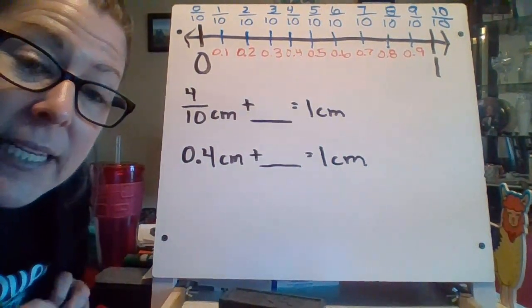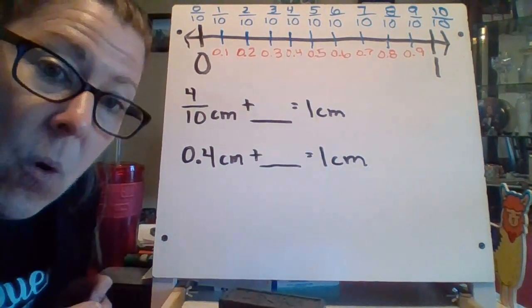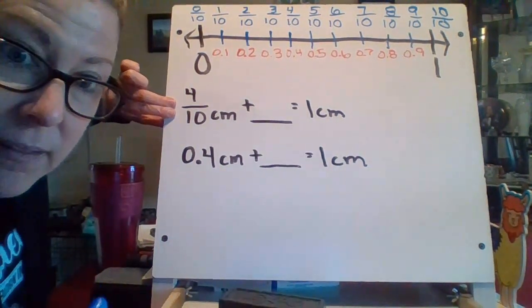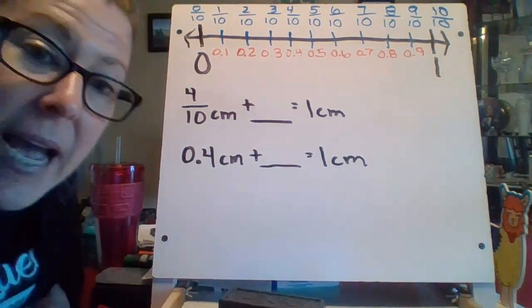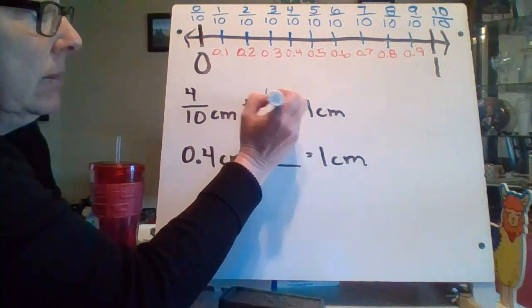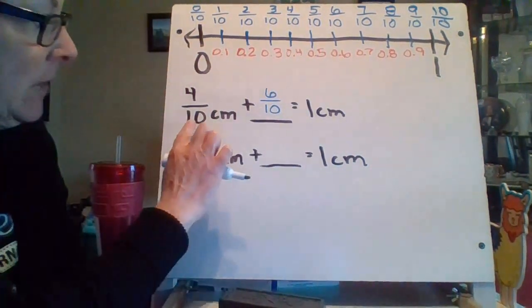So I'm going to relate some of those addition problems to 1 whole centimeter. If I have 4/10 of a centimeter, in order to have the whole centimeter, I need 6 more tenths.